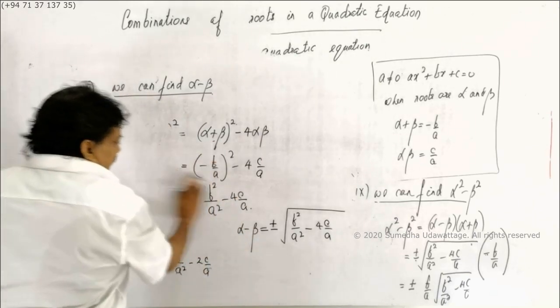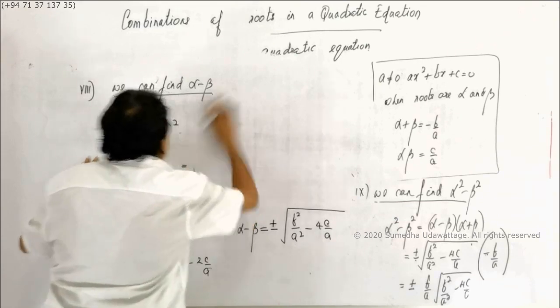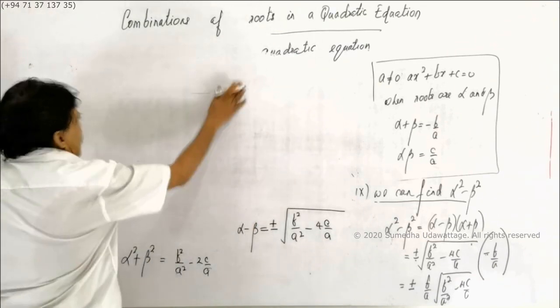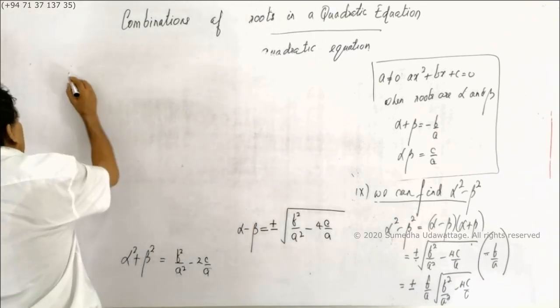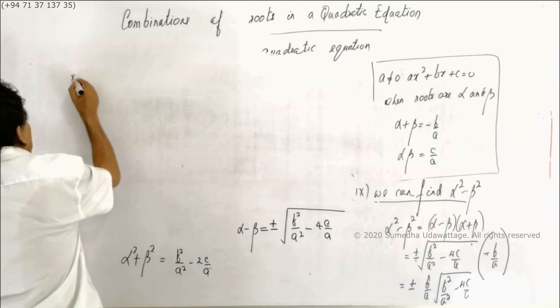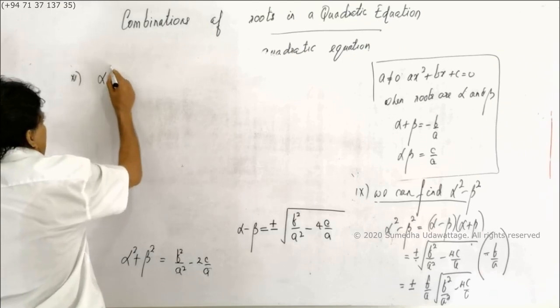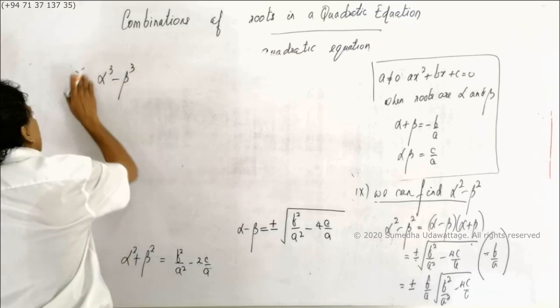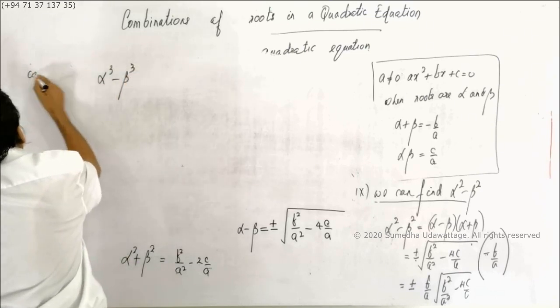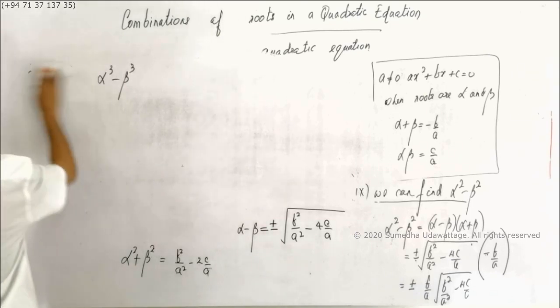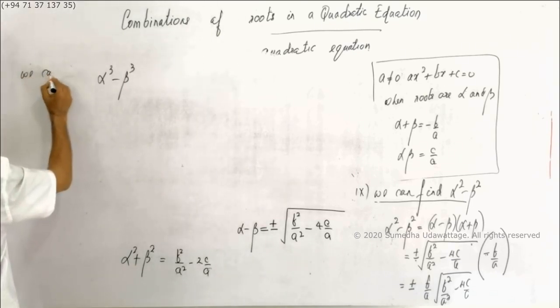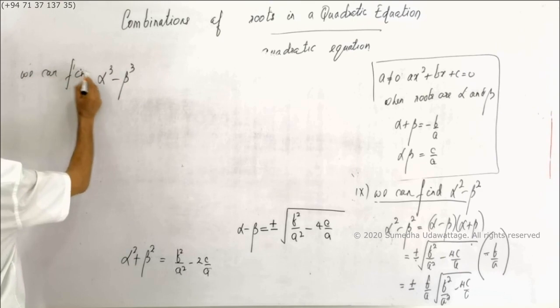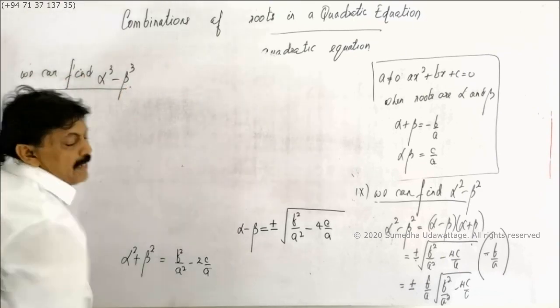Look here, alpha minus beta was here. Now in a question, sometimes in a short question, you may be asked to find the value of alpha cubed minus beta cubed.